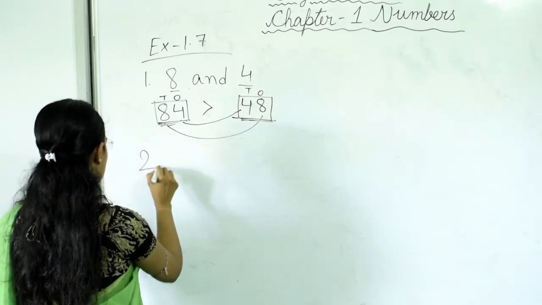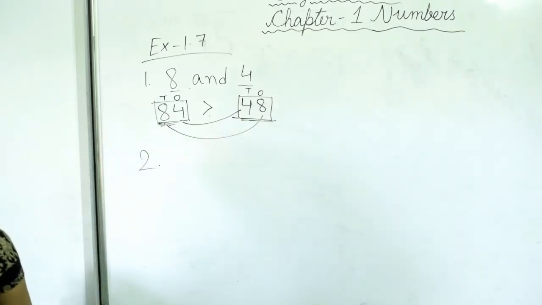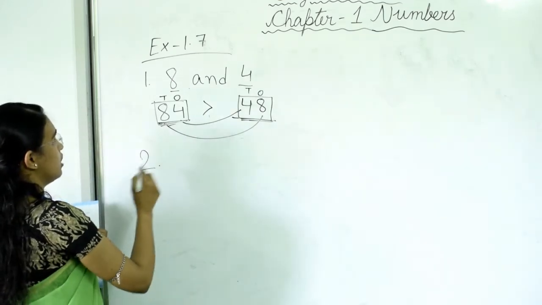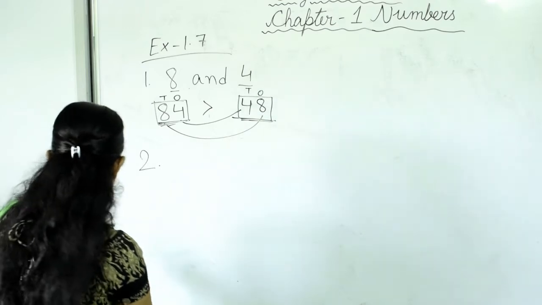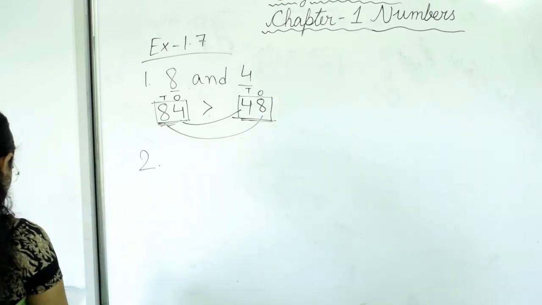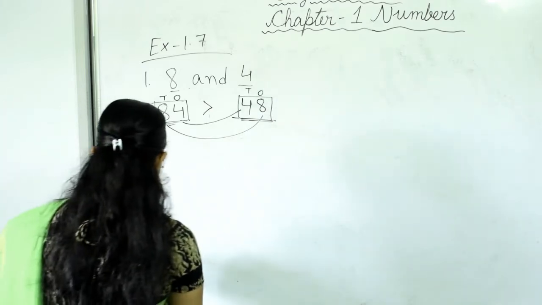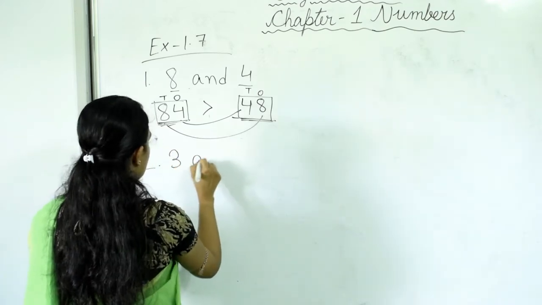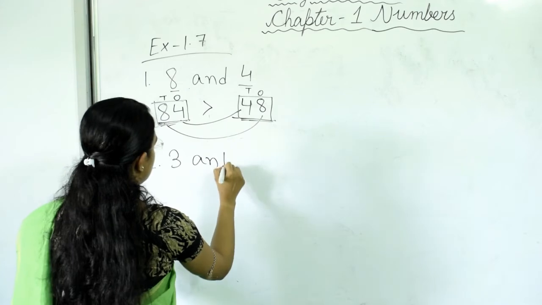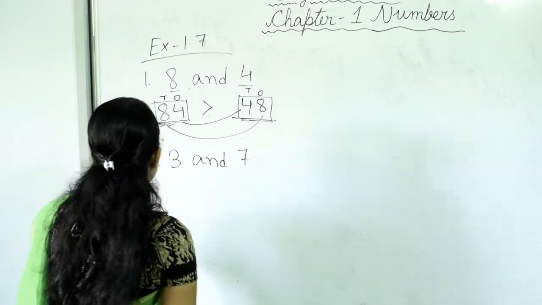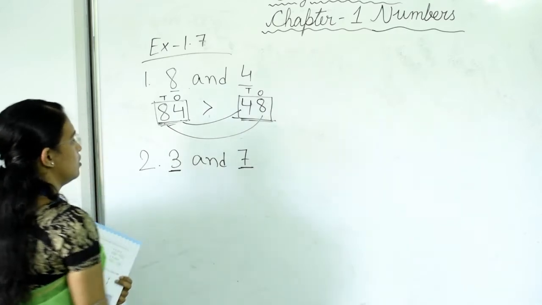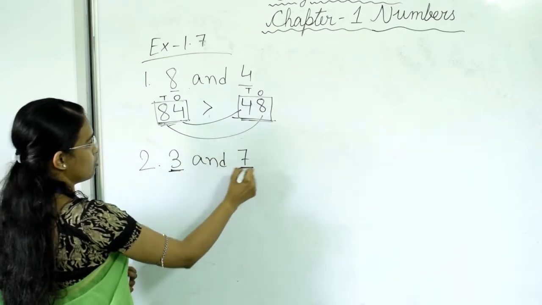Now question number 2. Now question number 2 is what? 3 and 7. Now here we have two numbers, one is 3, another one is 7.